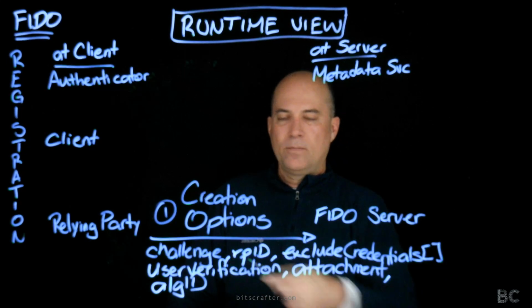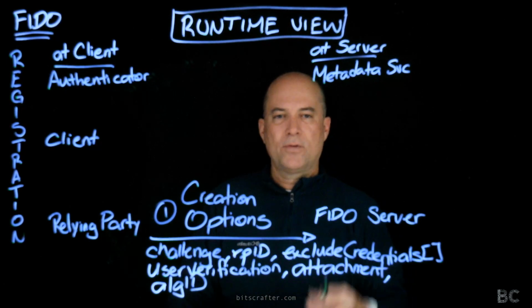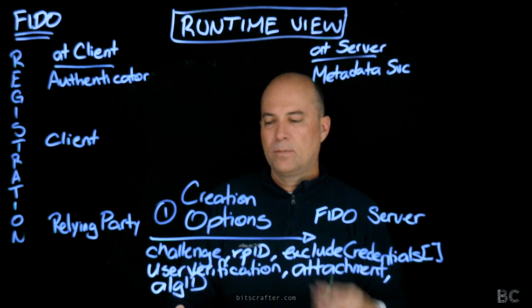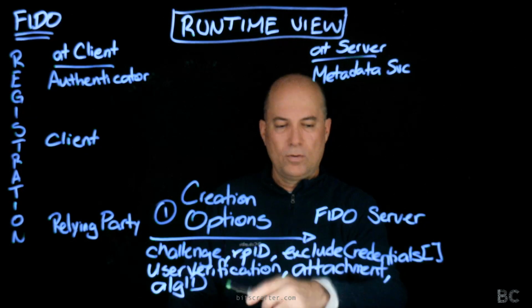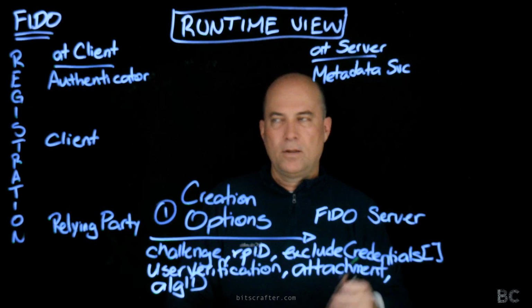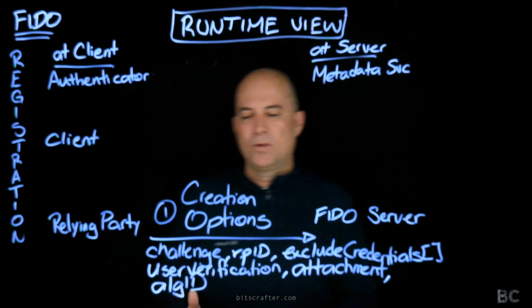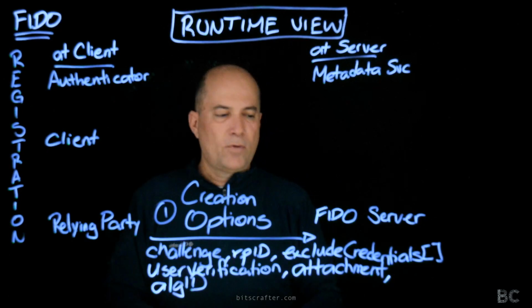And this algorithm could be based on RSA, on elliptic curve, or Edwards curve. Any of those you can choose, and the credential to be created should align to this requested algorithm.